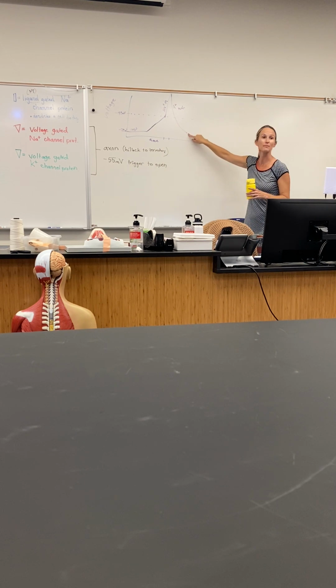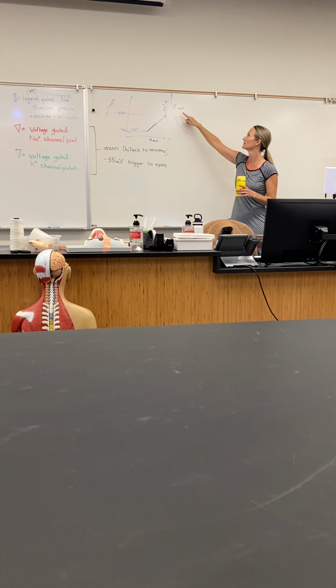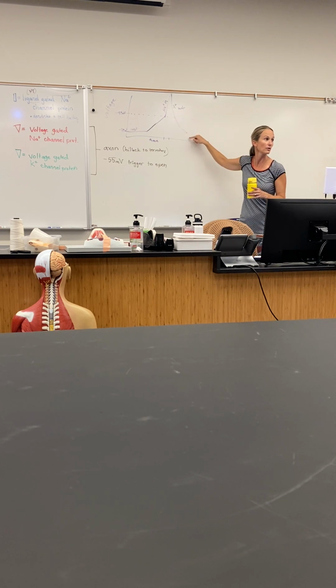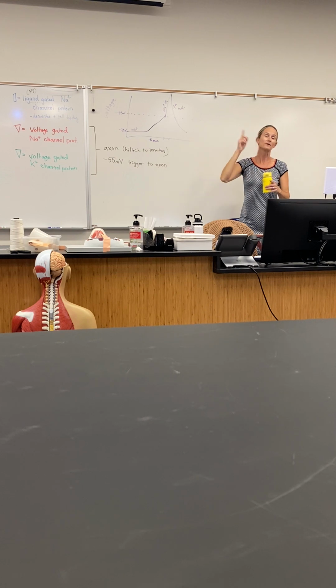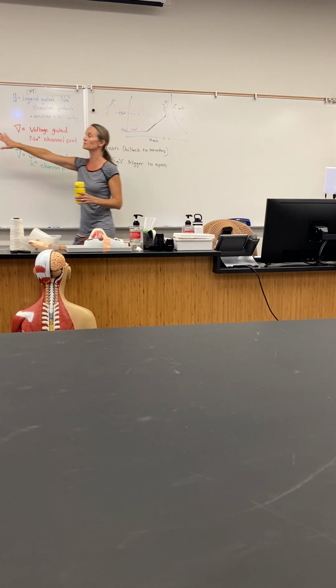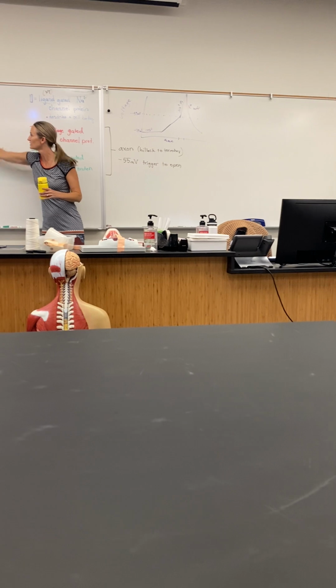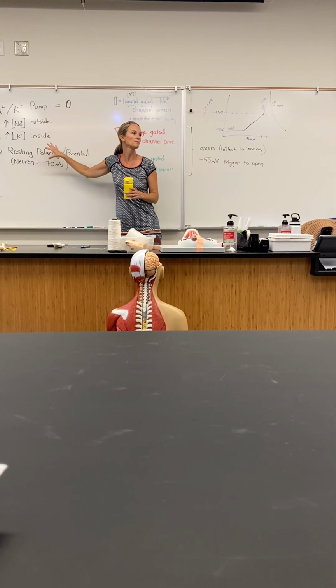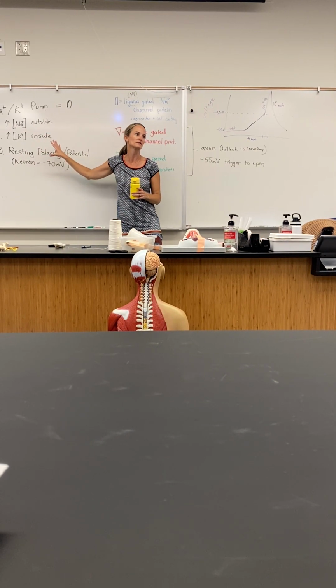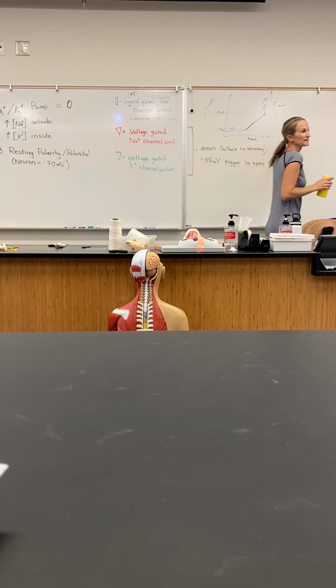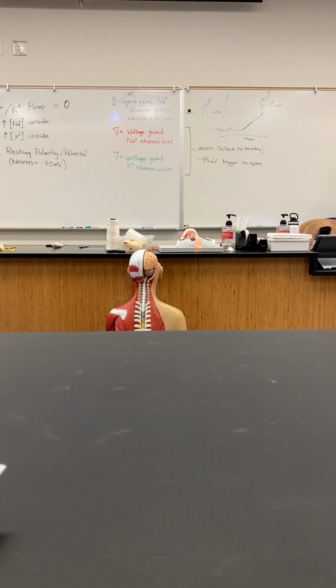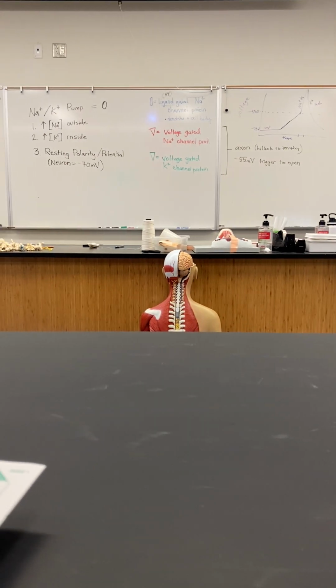What happened to get back here is potassium flooded out, and sodium is left in the cell. So we gotta reestablish, your sodium potassium pumps have to work hard to return sodium and potassium to their proper locations and get back to maintaining that rest. So this is kind of like a temporary situation. Yeah, it still needs to be corrected.